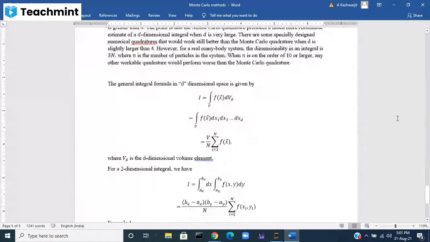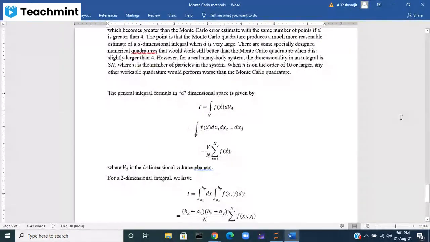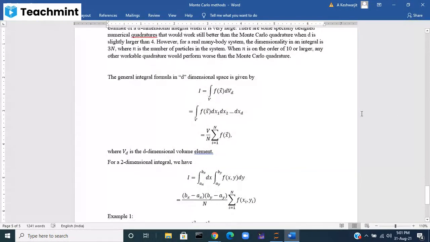The Monte Carlo method's real advantage is in calculating multi-dimensional integrals. So how do we calculate a multi-dimensional integral using the Monte Carlo formula? Here is the process.